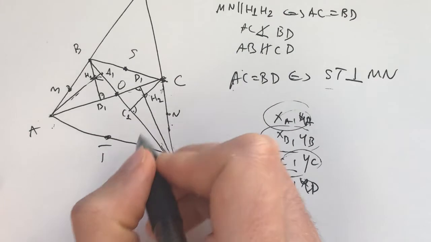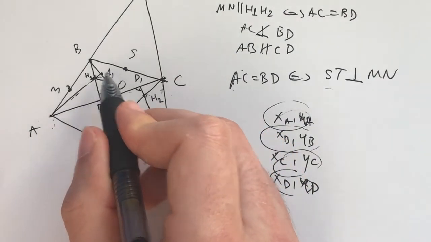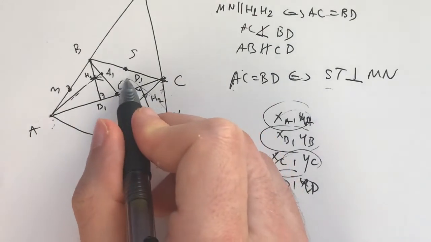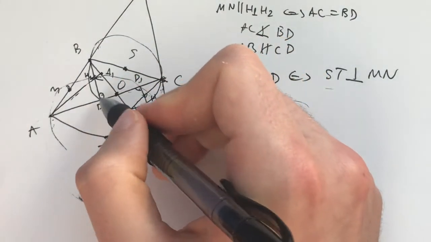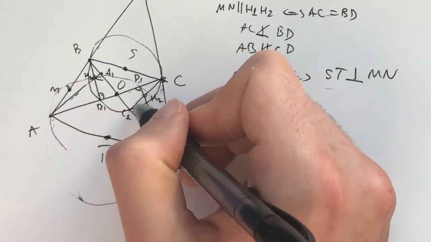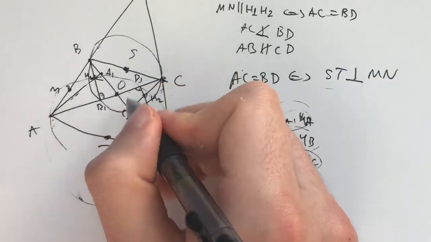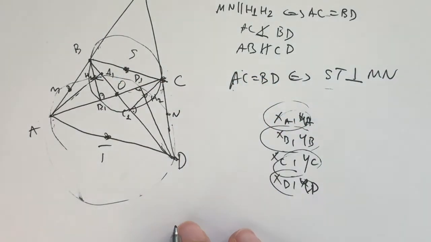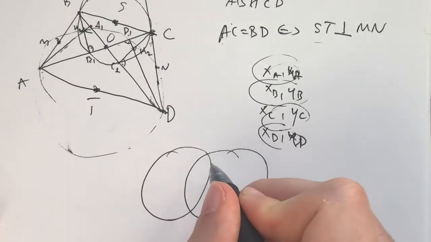So T is really the center of a circle through A1, D1, D, right? That's what T is. And S is the center of the circle through B, B1, C1, C. That's what S is. So now we know that everything on the radical axis of these two circles, and what's the radical axis if you have two circles?